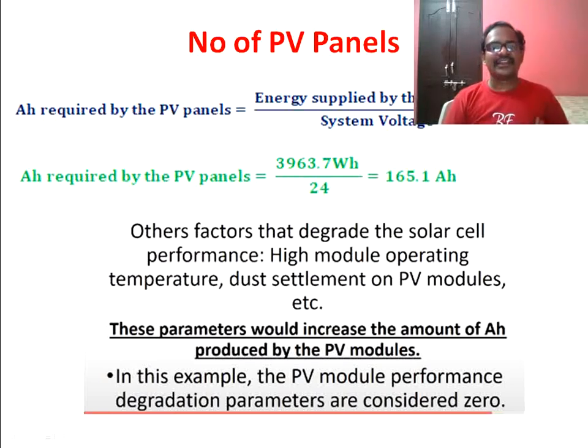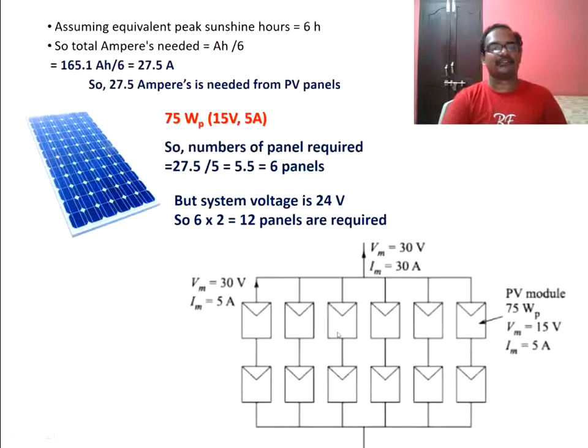In a residential apartment dust is not a big problem, and since the module is kept in open air, the air will cool it down. So I am neglecting these two parameters. In this example the PV module performance degradation parameters are considered 0. So the ampere hours required from the PV panels is 165.1 ampere hours.